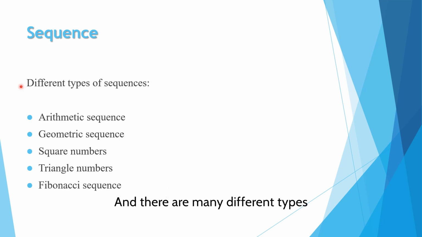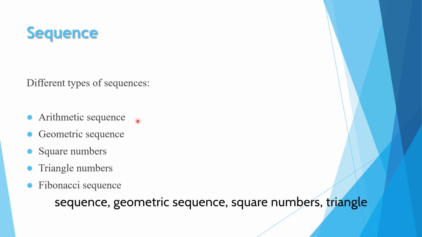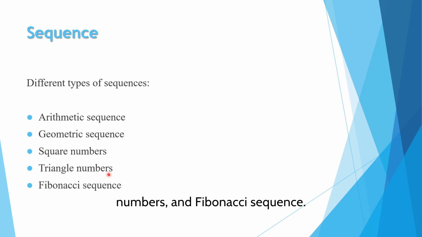There are many different types of sequence which are very interesting. They can be categorized into arithmetic sequence, geometric sequence, square numbers, triangle numbers, and Fibonacci sequence. So let's take a look at them one by one.